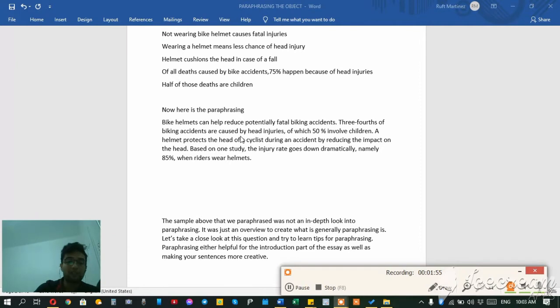Actually, paraphrasing for speaking is this one. When you read something, see something, or hear something, you want to say it again. So what you have to do is understand the subject of the passage first, and then you can paraphrase it one by one. But when it's a long passage, you can't paraphrase it one by one.